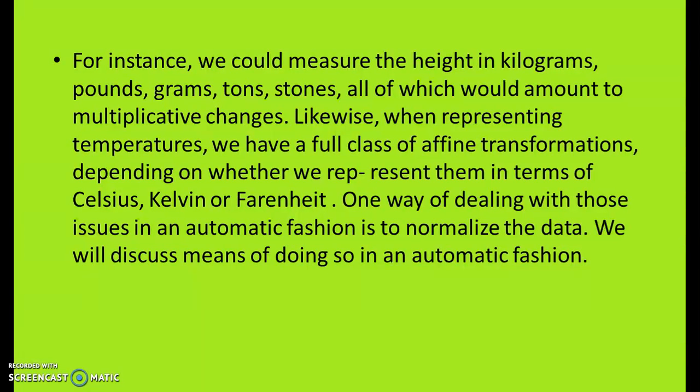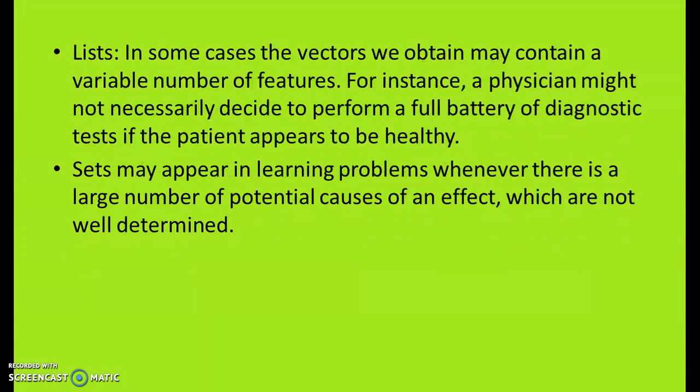Likewise, when representing temperatures, we have a full class of affine transformations, depending on whether we represent them in terms of Celsius, Kelvin, or Fahrenheit. One way of dealing with those issues in an automatic fashion is to normalize the data. We will discuss means of doing so in an automatic fashion.